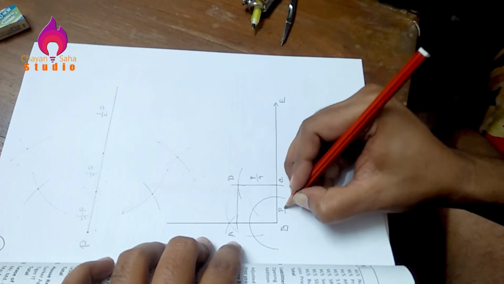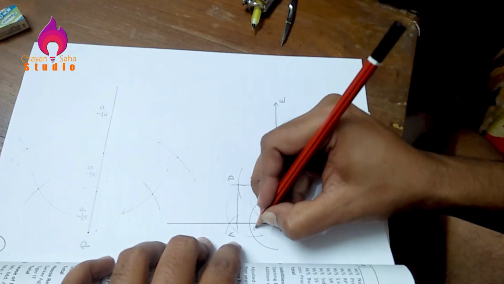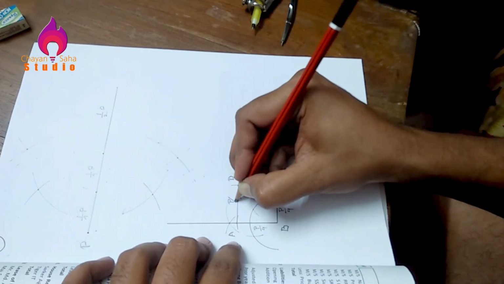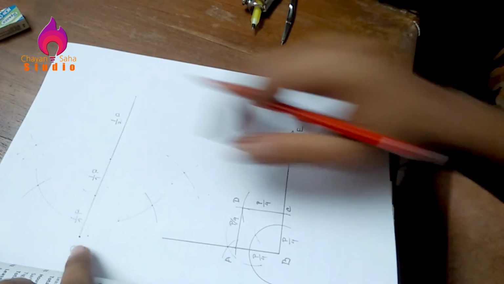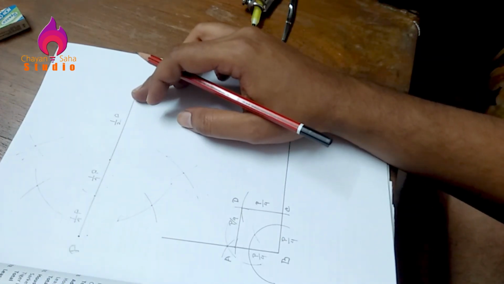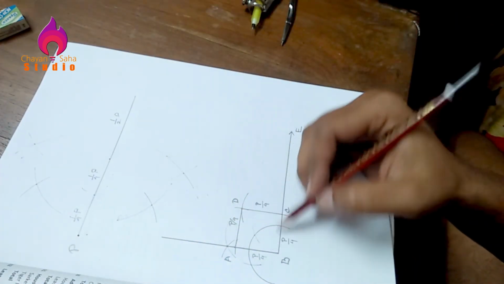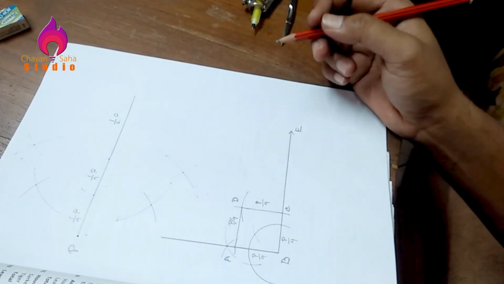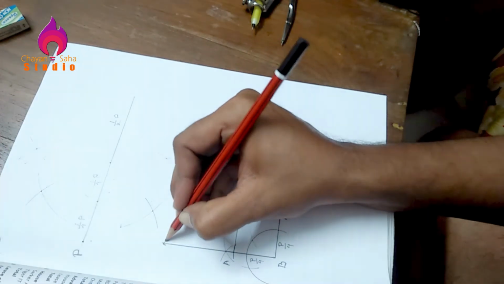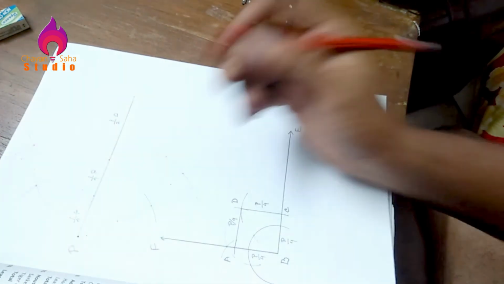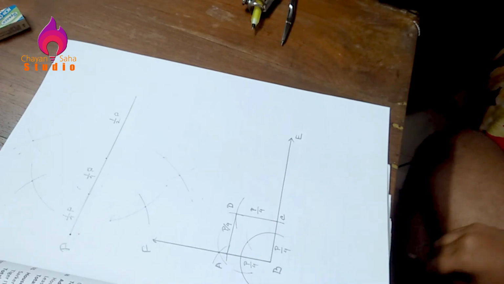This one is P/4. This one is P/4. This one is P/4. So this is actually our perimeter, and we have just drawn our construction, a perfect square. Well, so done.